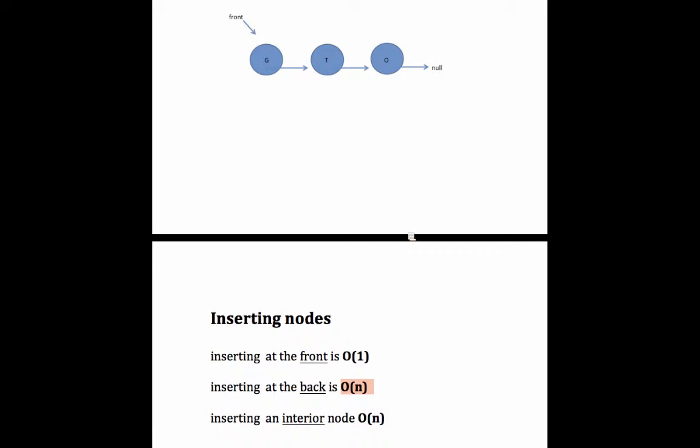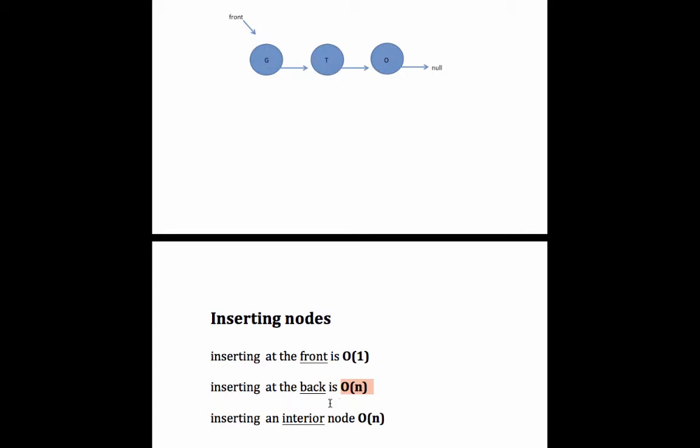Finally, we discussed inserting a node somewhere in between, not at the very beginning, not at the very end, but somewhere in the middle of the linked list. And again, think about a list that has 10,000 nodes, so there are many places that count as interior nodes. And again, we don't have indexes like in an array, so we don't have direct access, so we need to find the place of insertion. Think about maintaining a list in alphabetical order or in increasing order.